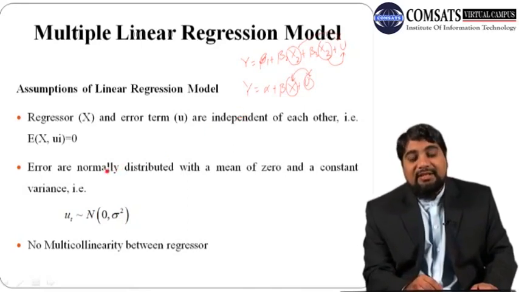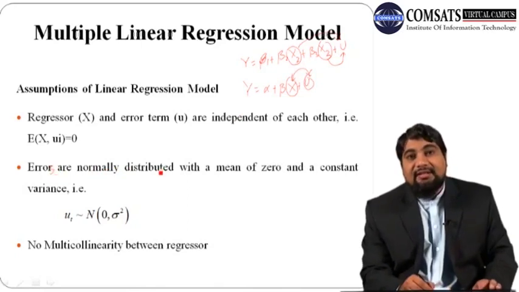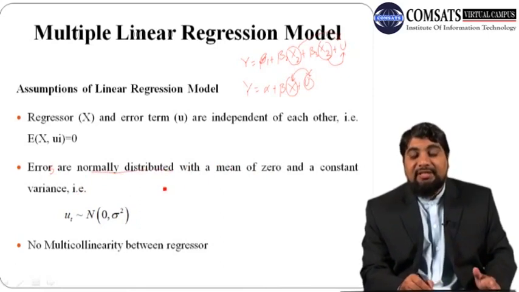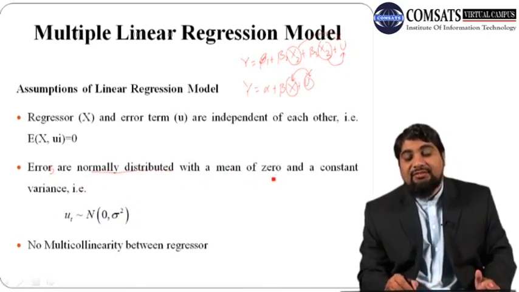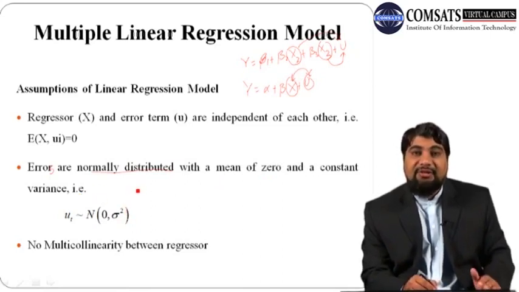So next property is that errors are normally distributed with mean 0 and constant variance. So errors must be normally distributed. We have already discussed that mean of error is 0 and variance is constant sigma square. So here this assumption means error is normally distributed.